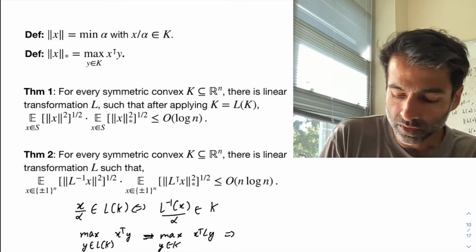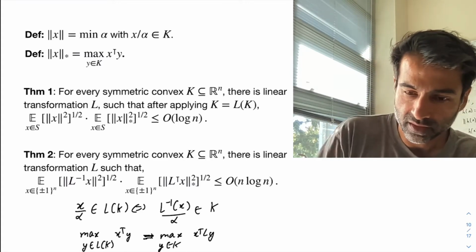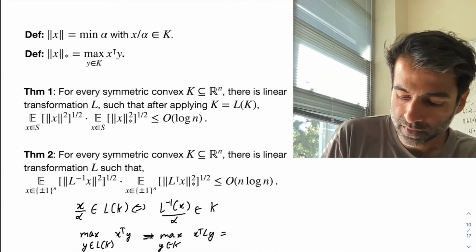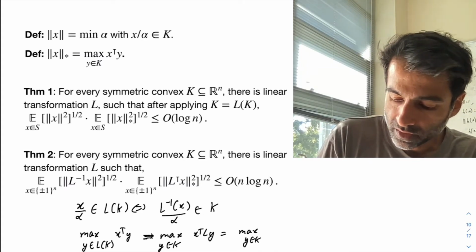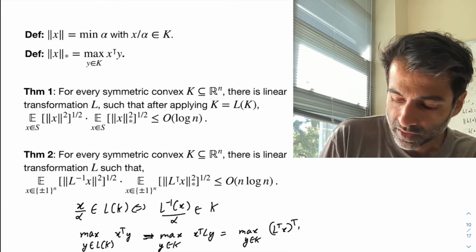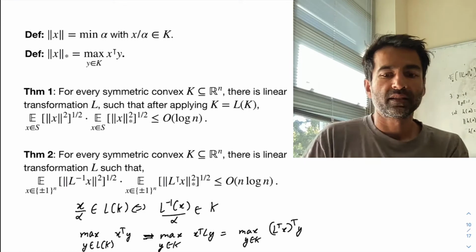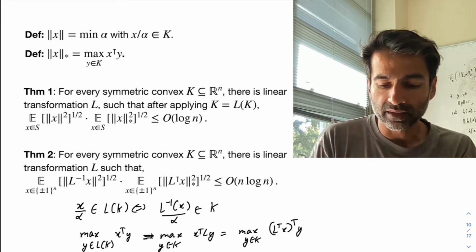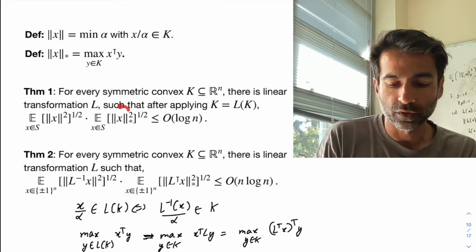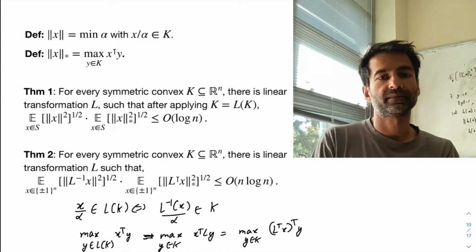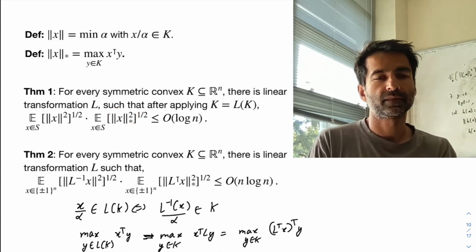But that's equal to the maximum value over y in k of L transpose x, the whole transpose, times y. And that justifies why this corresponds to this. Okay.